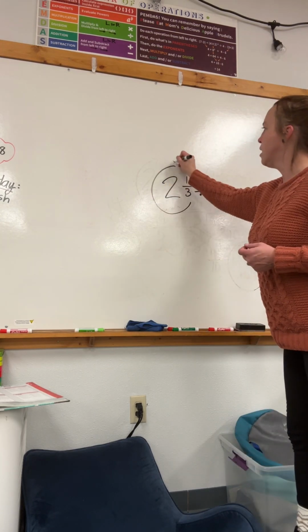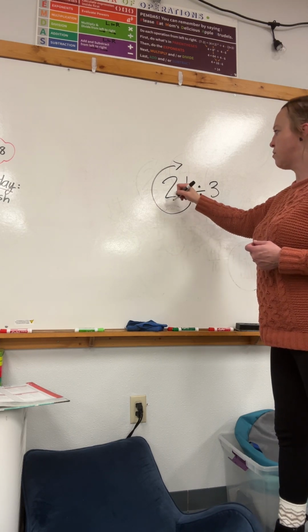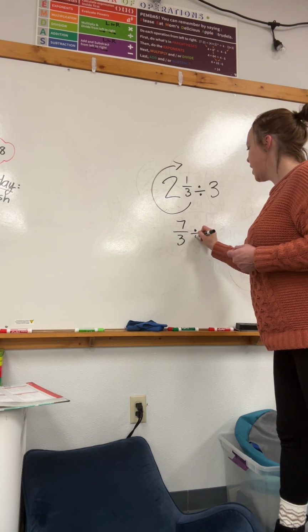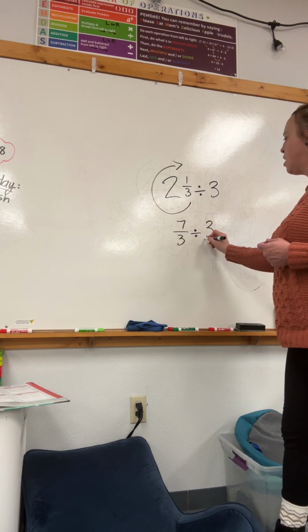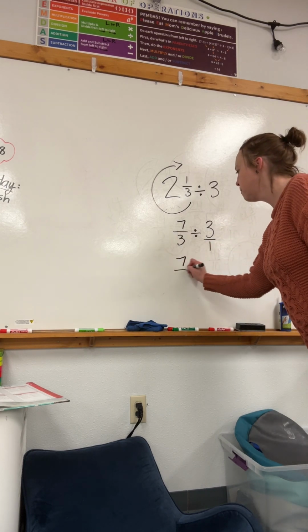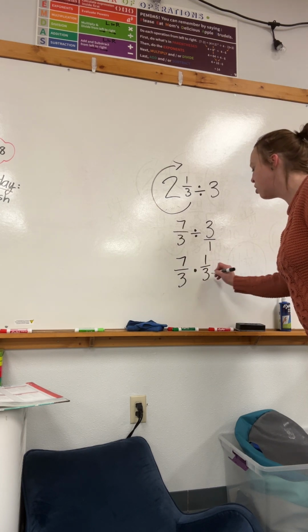I'm going to go ahead and make my mixed number into an improper fraction. 3 times 2 is 6, plus 1 is 7/3, divided by the whole number of 3, but I know that's going to be over 1, because I need to make it into A/B form. Then I'm going to keep, change this to multiplying the reciprocal, which I know we can do.